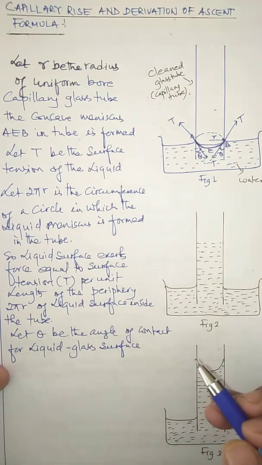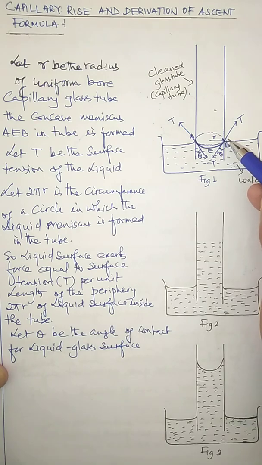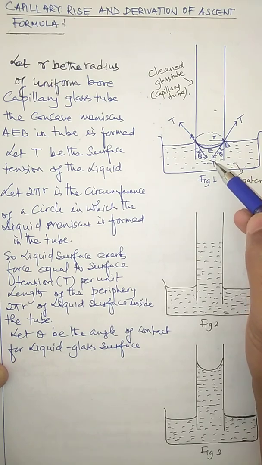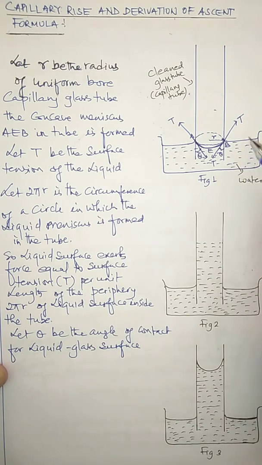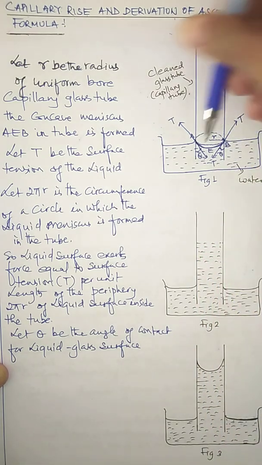Now when there is an angle of contact between the liquid and the glass surface, the force which I had already shown in the diagram is equal to the surface tension, exerted in the direction as you can see in the figure. Now the force which is directed inward, due to surface tension, acts inward, and according to Newton's third law, the wall of the tube also exerts an equal reactionary force, equal to the surface tension per unit length on the circumference of the liquid, and this force acts in a direction opposite to the force which is directed inward.